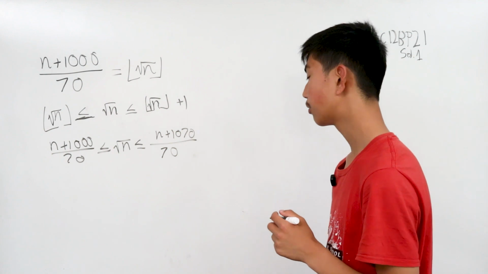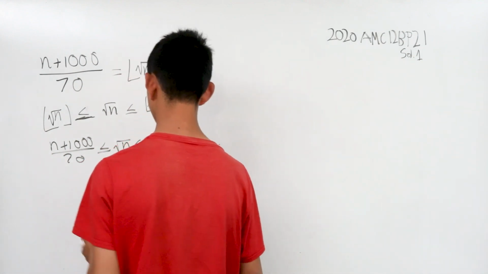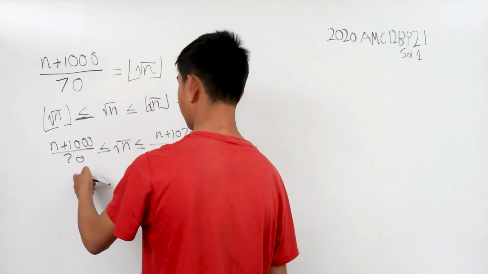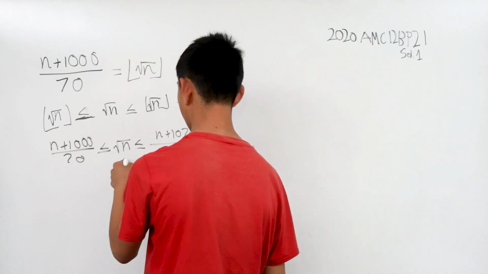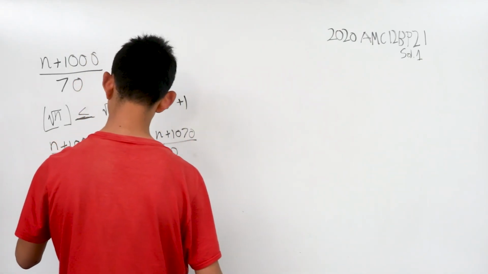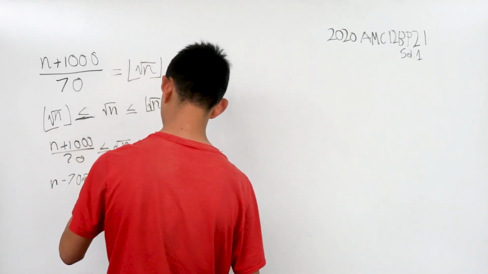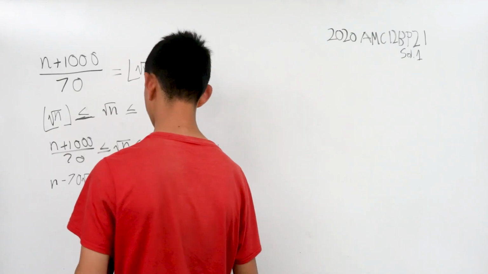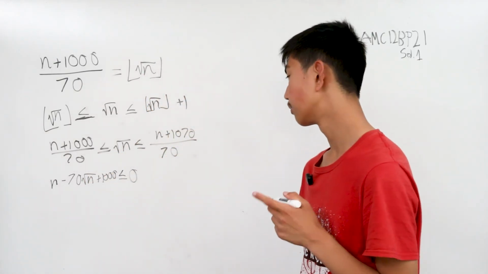Therefore, from these inequalities, when you multiply across by 70 and subtract, you get n minus 70 root n plus 1000 is less than or equal to 0. Now, what you can do here is find the roots.